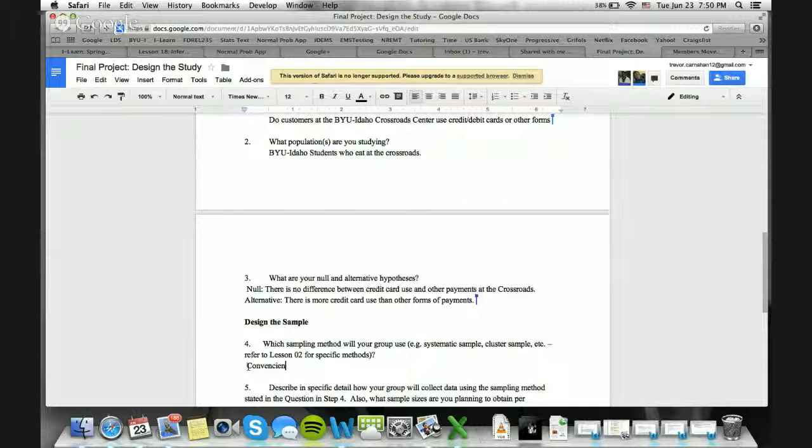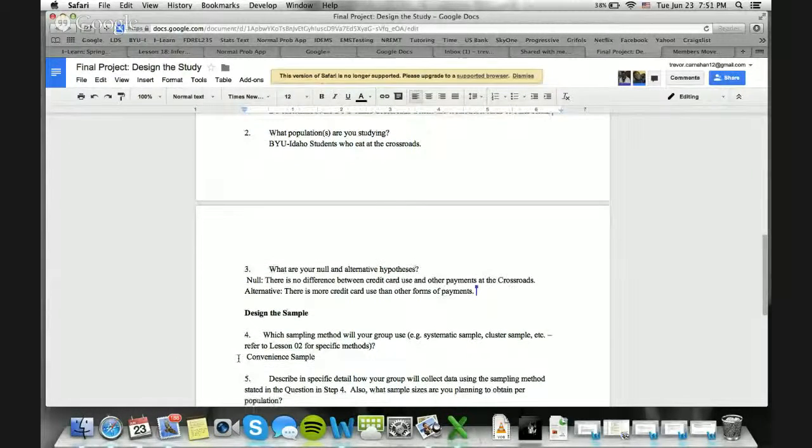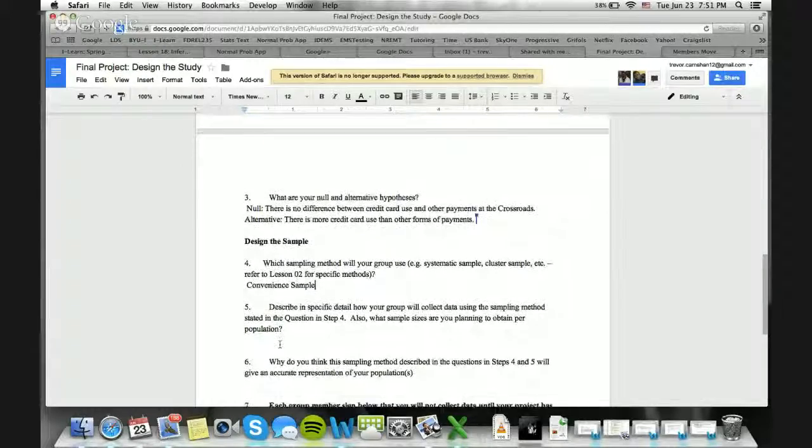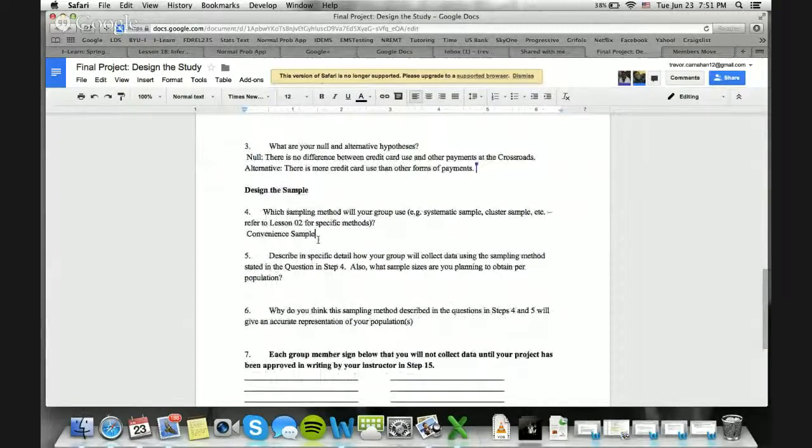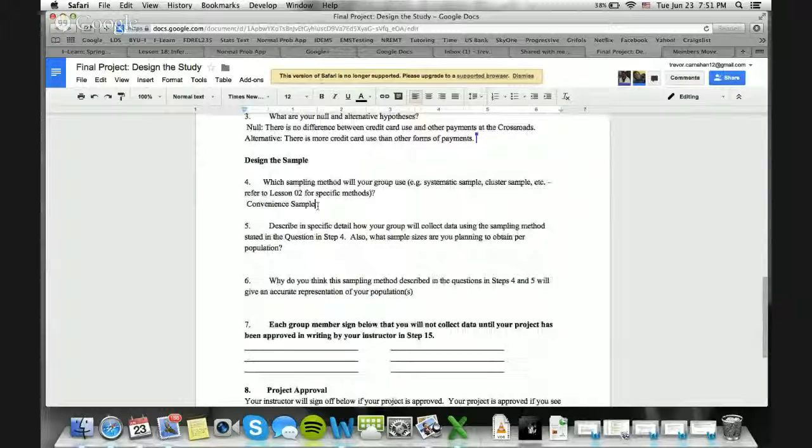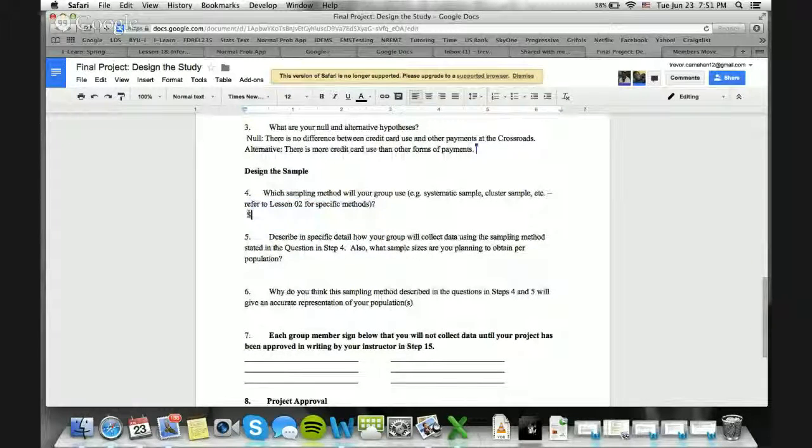I mean, it wouldn't be very hard to count like every fifth person or something. Yeah. Or every third, whatever's good. Then we just have to hit it during their peak hours. So you want to do systematic? Yeah.